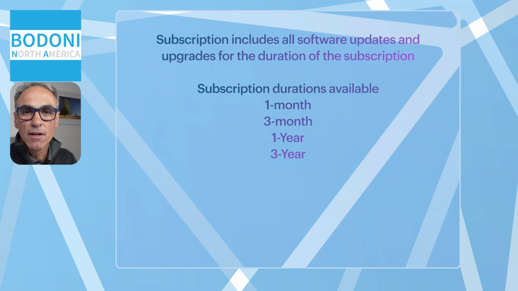Or if you just have a short-term contract with somebody that you'd like to use this software for, then it's very easy to go for a shorter term. However, we generally think that most people get the benefit from a 1 or a 3 year subscription, because of course there's savings for the duration that you're working with.